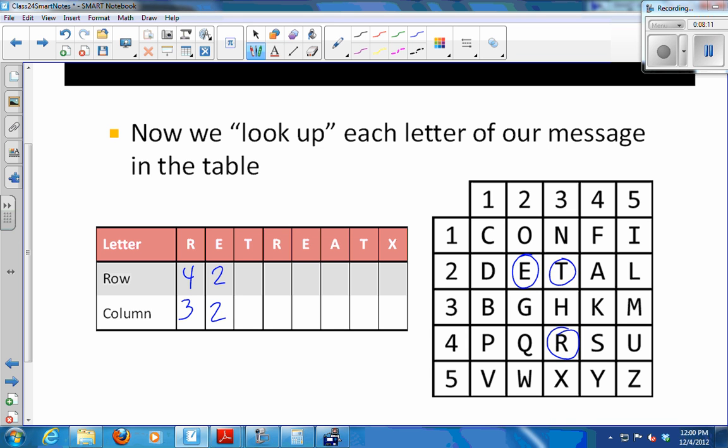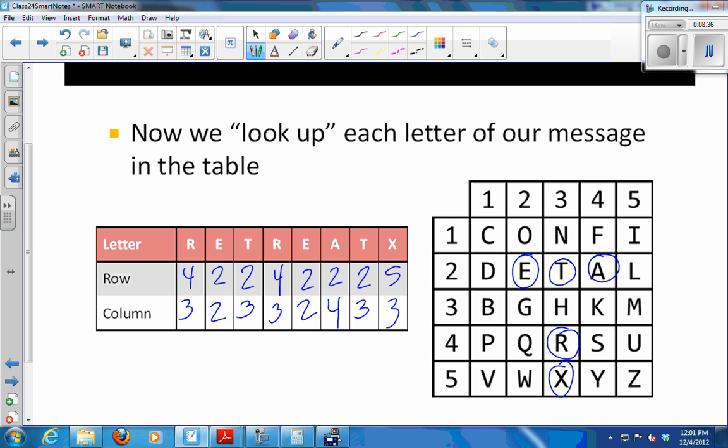And T is in row 2, column 3. R is 4, 3. E is 2, 2. A is 2, 4. T is 2, 3. And X is 5, 3.